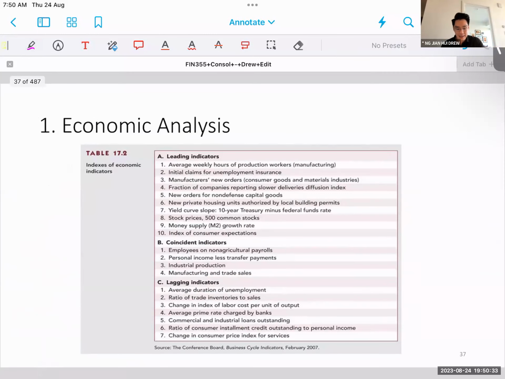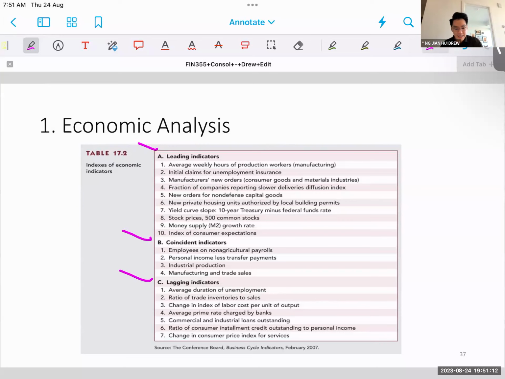Okay, this is the slide that I like to use. These are examples of leading, and these are examples of coincidental and lagging indicators. Most of the time, we like to highlight the lagging indicators more than the leading indicators, because leading indicators tend to lead, yes, but they are influenced by the changing environment and market information, so they keep changing, and it's hard to determine whether it's a leading or maybe a coincidental indicator.